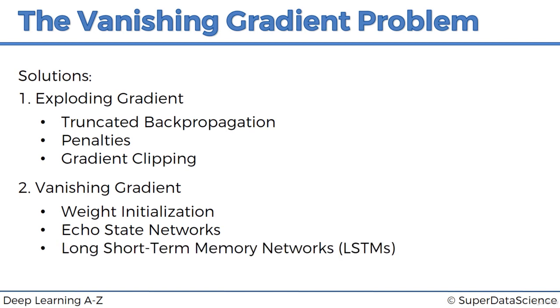But there's also a different type of network called the long short-term memory networks, or the LSTMs for short, which are extremely popular, which are considered to be the go-to network for implementing recurrent neural networks. And that's exactly what we're going to be talking about in the rest of this section. So that's going to be very exciting.